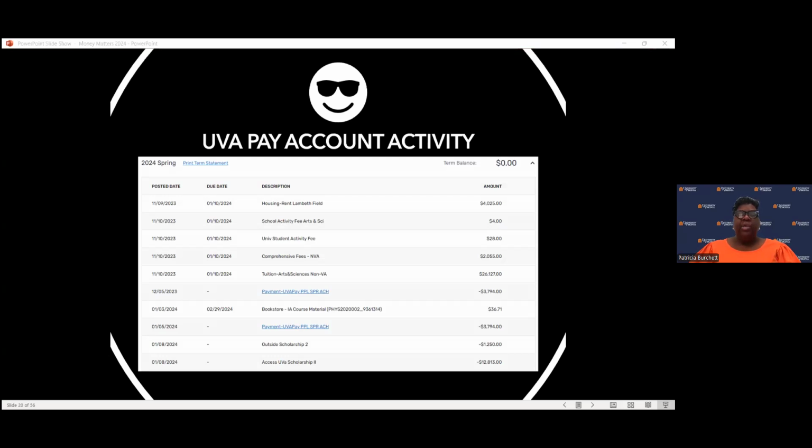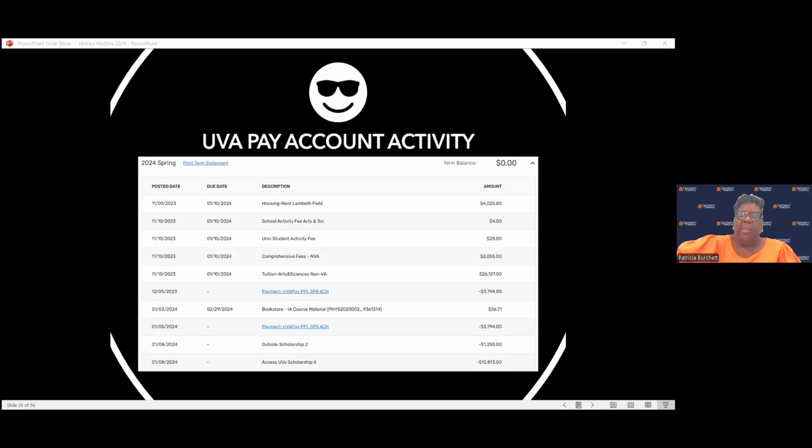That's okay. And so what I was saying is that this is an overview of what payment activity looks like in the UVA payment portal. When you're looking at a term statement, you can look at fees that are charged to the student, like an activity fee, a bookstore fee, or tuition, of course, and also any payments.